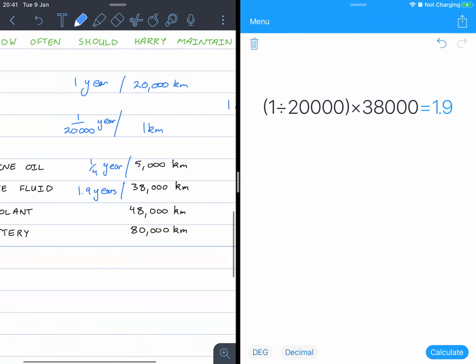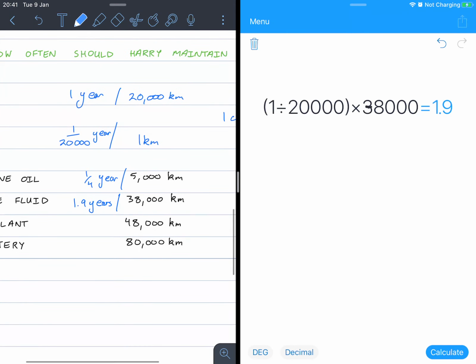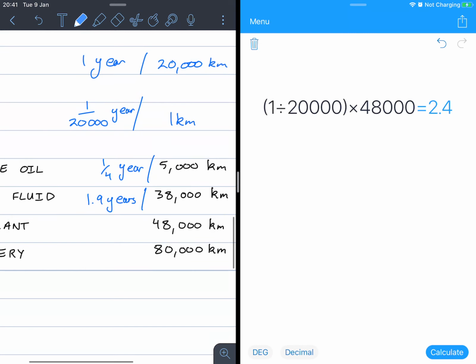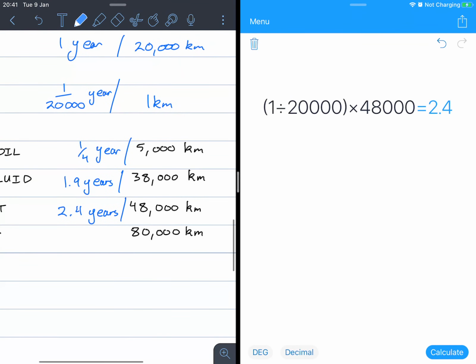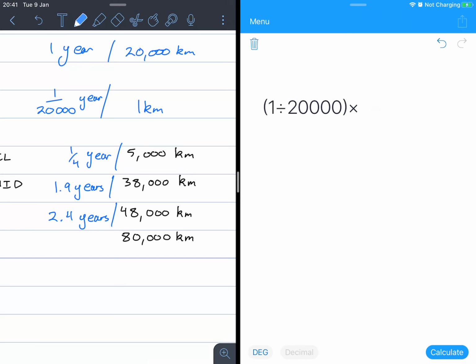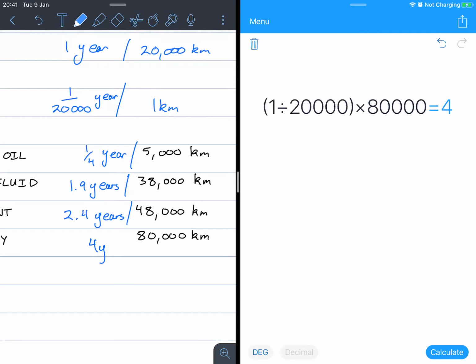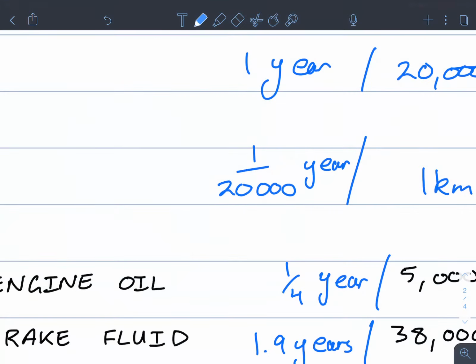The coolant every 48,000 kilometers. So let's change this again to 48,000 kilometers. Every 2.4 years. And lastly, the battery for 80,000. That gives us a flat 4 years.